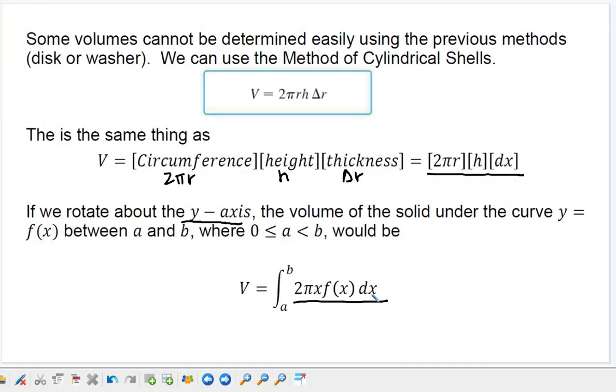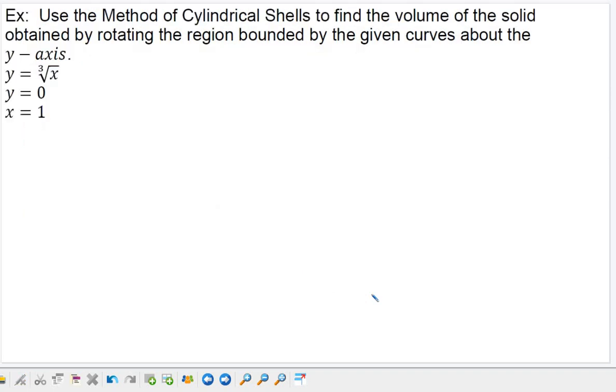Obviously they don't state this, but if we're rotating around a horizontal line, then this would all be in terms of y. So let's look at example 1. It says, use the method of cylindrical shells to find the volume of the solid obtained by rotating the region bounded by the given curves about the y-axis. So I know if I'm going about the y-axis, then this should be delta x.